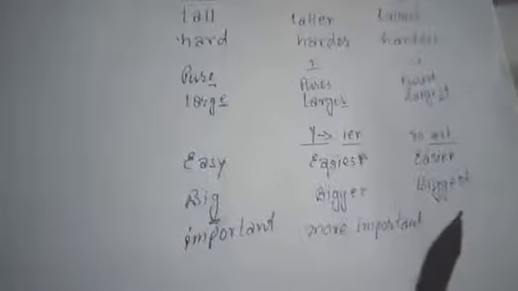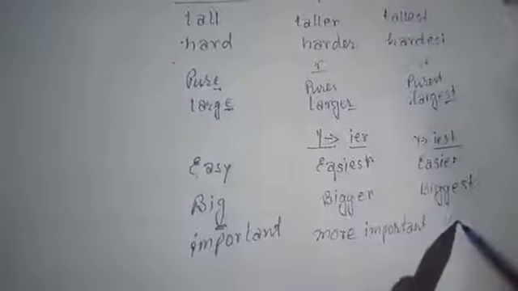Now if a word is long, then what to do? Suppose a word is important. In this kind of words, we simply use the word more: more important, and in superlative we will use most important.